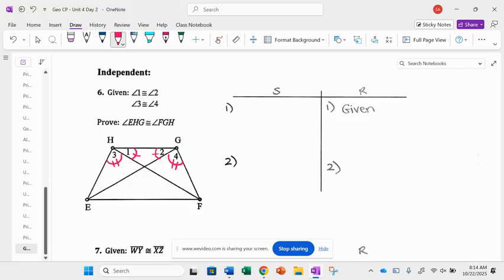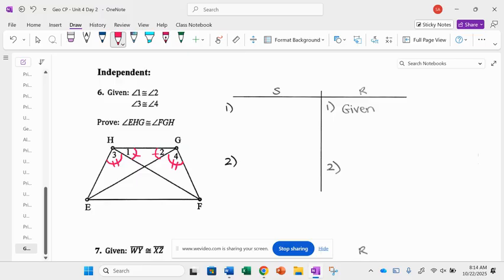Anybody need my help with the second one? Can you mark what's given? Mark WY is congruent to XZ. Yeah, that works. That's your mark over there.